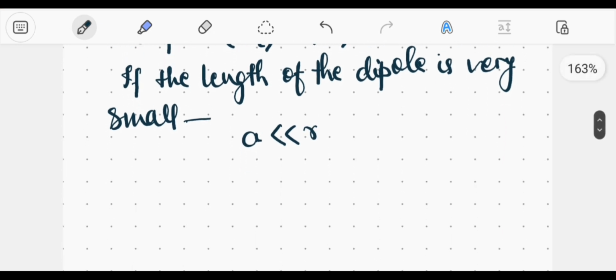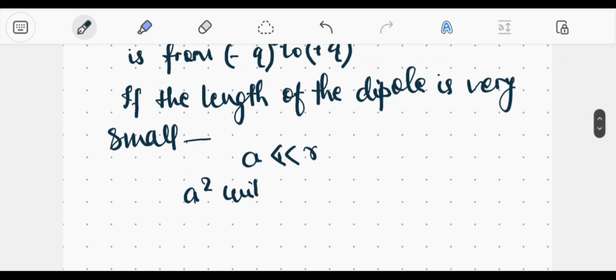In that case a square can also be neglected. A square will be neglected.